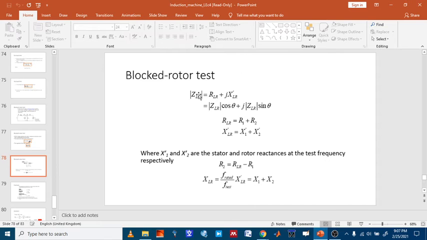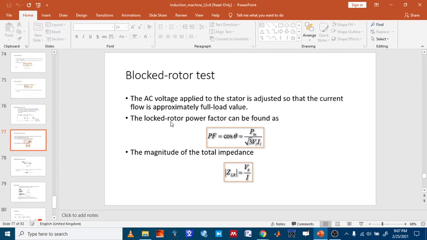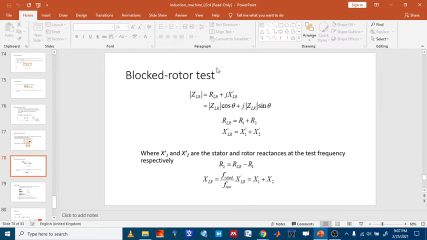Let's look at something. We have ZLR, which is the magnitude of the total impedance, given by RLR plus jXLR prime. Z is the same as ZLR cos theta plus j ZLR sin theta.